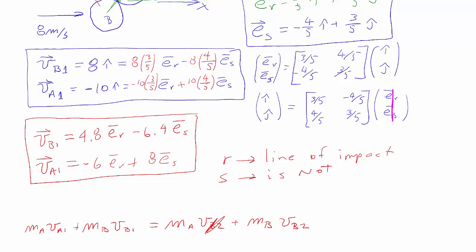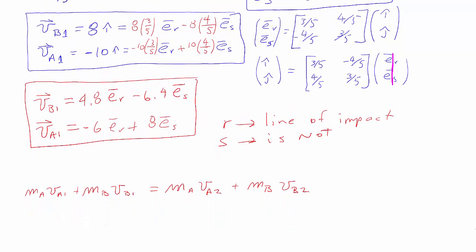Let's see if I can get rid of that. No, I gotta use the eraser. That is not right. It has to be A after impact. So mass A before, mass B before, mass A after, and mass B after.